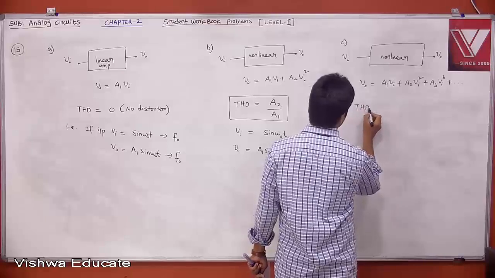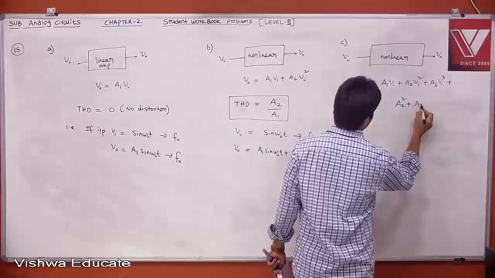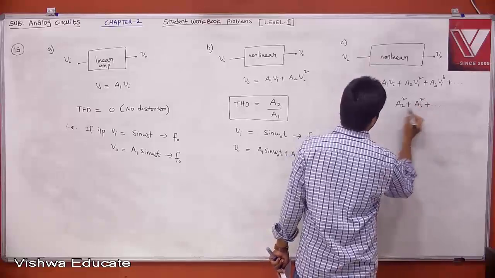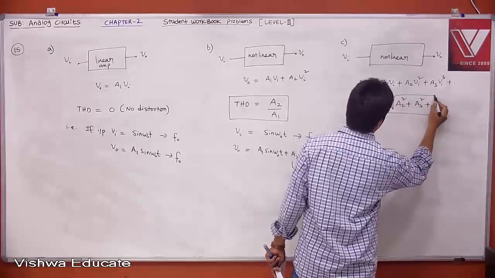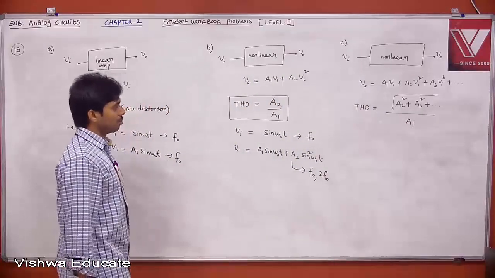Your total harmonic distortion is defined as the root of A2 square plus A3 square, etc., divided by your A1. This is your total harmonic distortion.